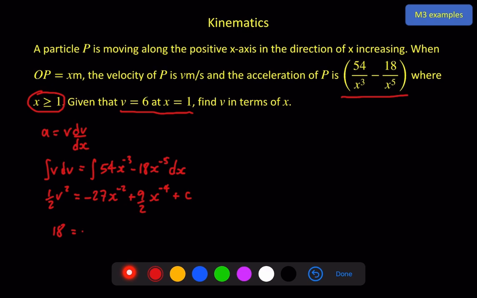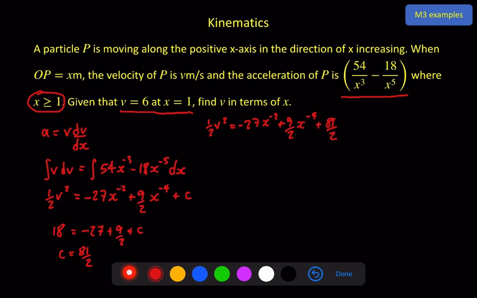And x is 1, so we've got minus 27 plus 9 over 2 plus c, and all of that gives us c is equal to 81 over 2. So we've got a half v squared is equal to minus 27x to the minus 2 plus 9 over 2 x to the minus 4 plus 81 over 2.